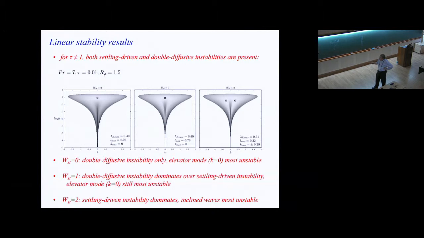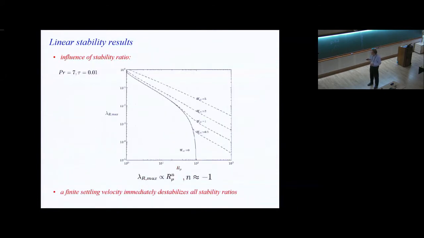If we increase the settling velocity to 1, it's still this elevator mode that is most unstable. If we increase the settling velocity further to 2, then we see that now we again have these oblique wave pairs. And so now the settling-driven instability has become dominant.